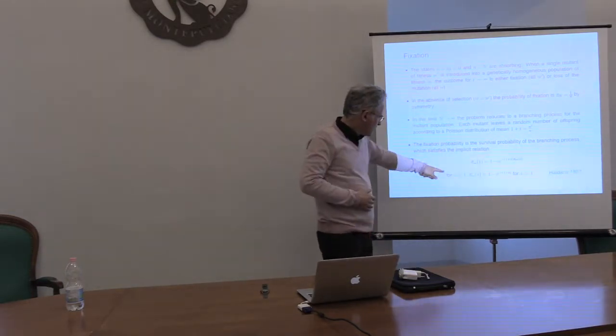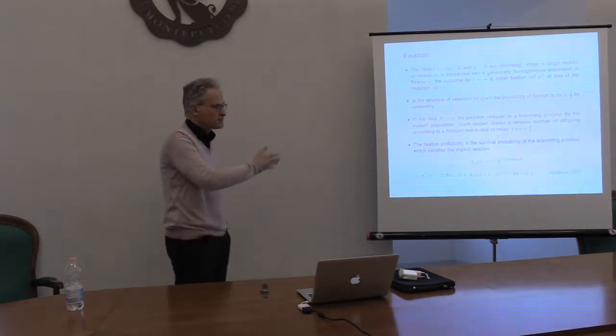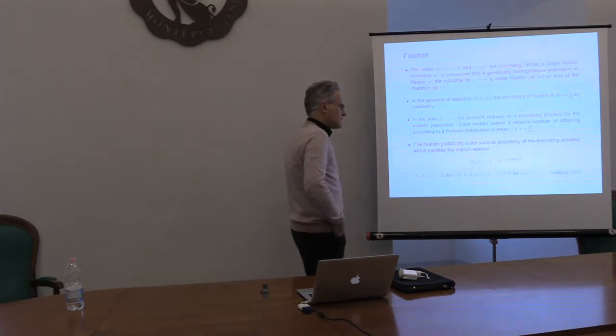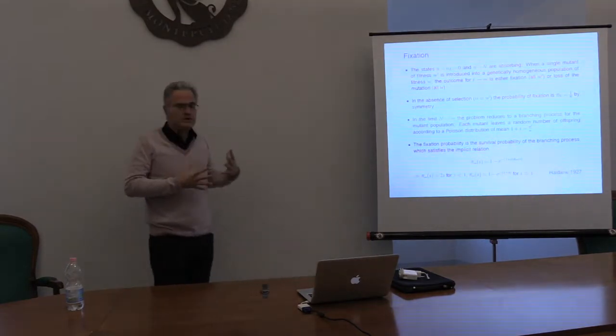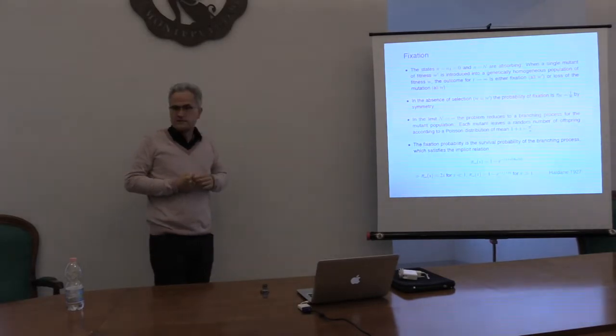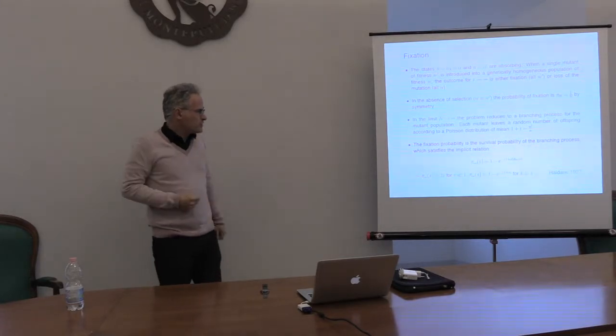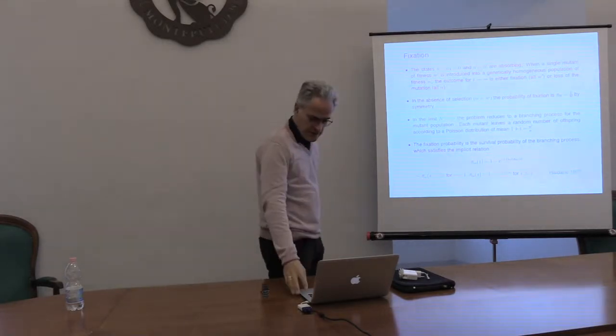If you assume that S is also small, then you find that this is approximately 2S. This is the famous result that was derived by Haldane, who basically also introduced this method of dealing with branching processes, at least in this context. So at this point you can talk about branching processes.